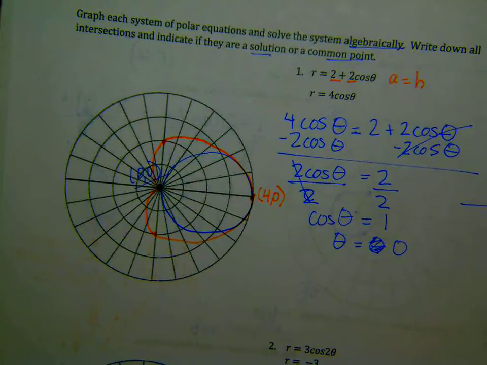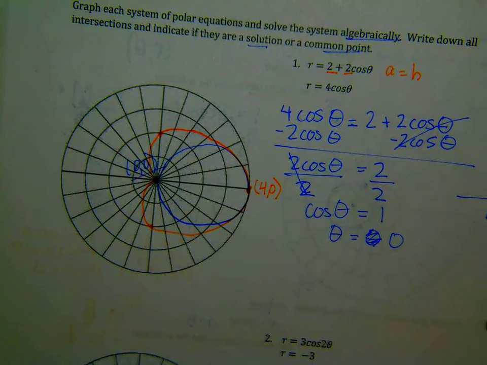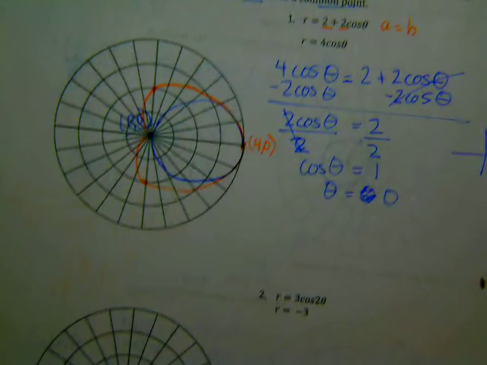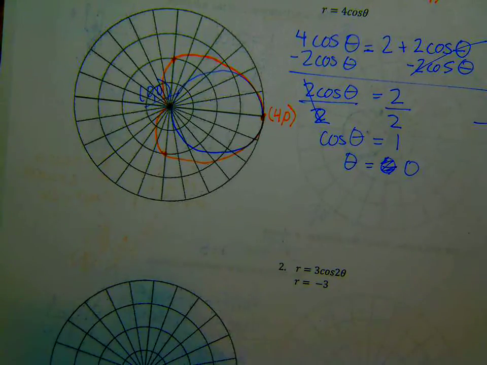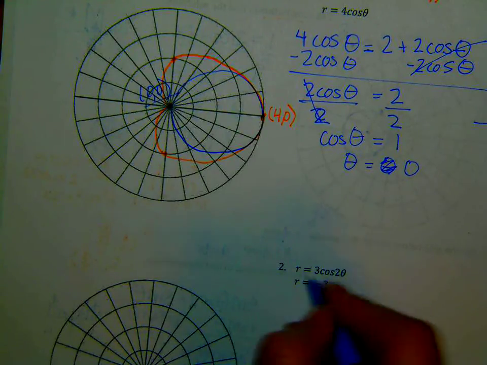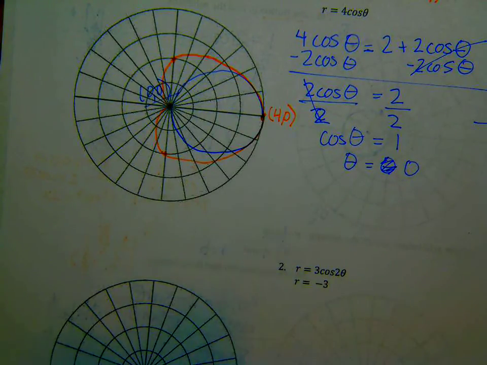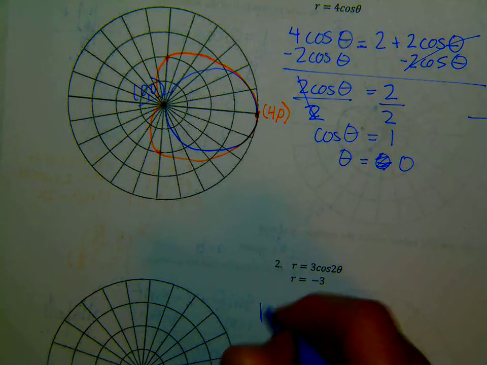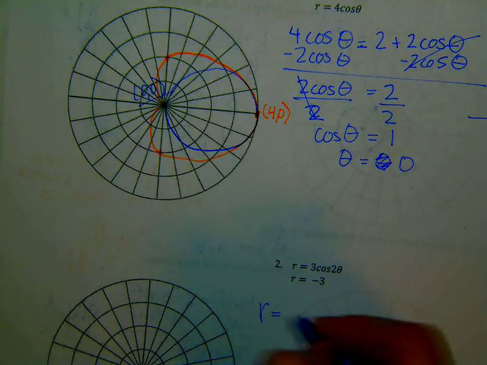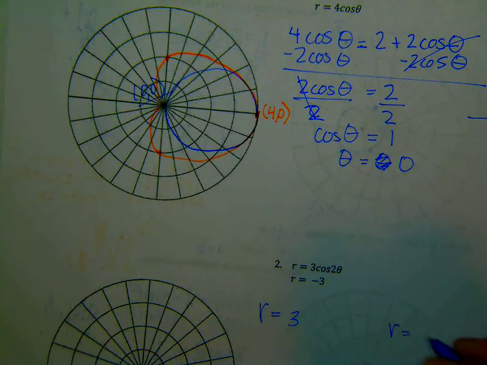All right. I want you to do the last problem on your own. Let me get you started. You're going to have an r equals -3, and you're going to have a rose for this problem. So you're going to have to graph the rose. Remember, when you graph roses, you have r equal to 3 and r equals -3.